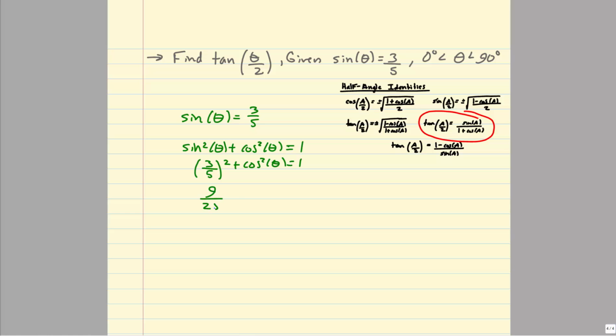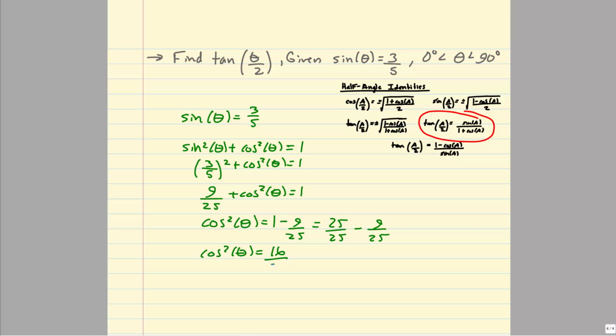So it would be 9/25 plus cosine squared equals 1. Cosine squared is equal to 1 minus 9/25, which is 25/25 minus 9/25. So cosine squared of theta equals 16/25.